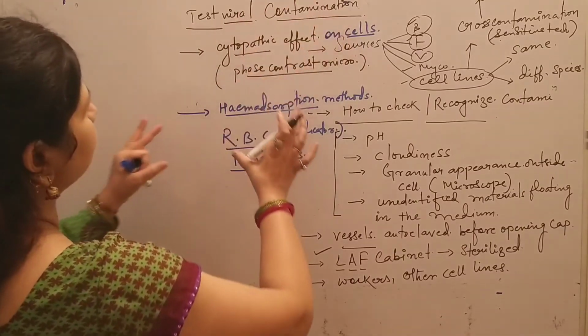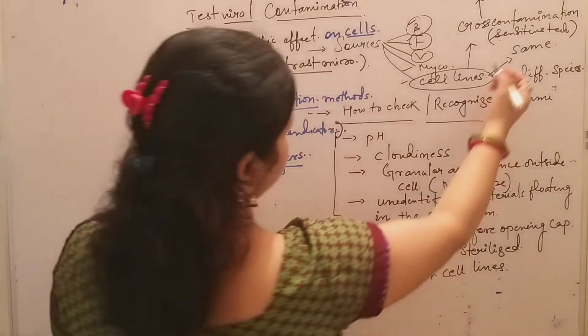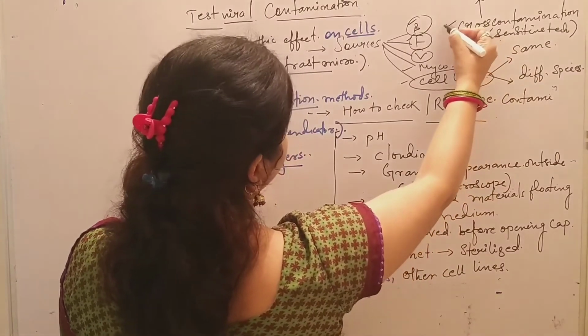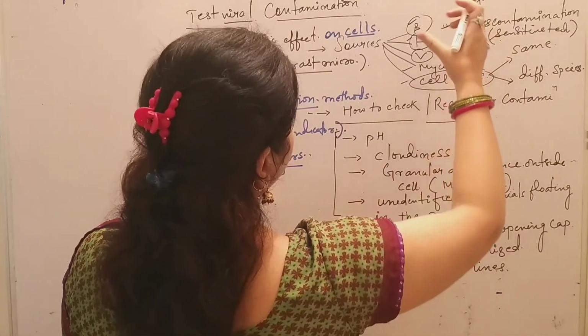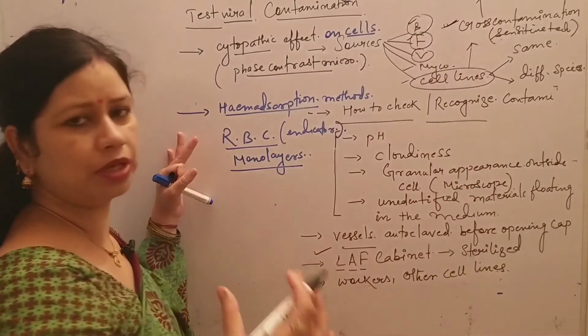So for example, suppose there is any cross contamination, I have told about cross contamination, by cells of different species or the same species.